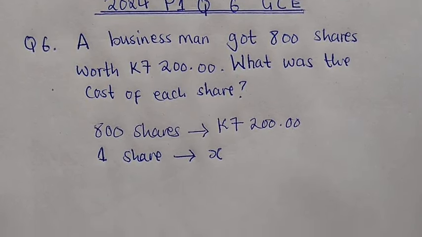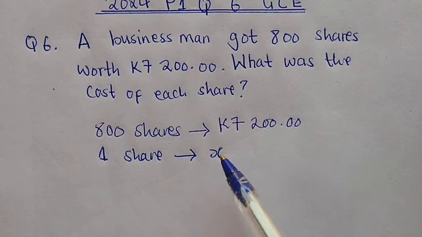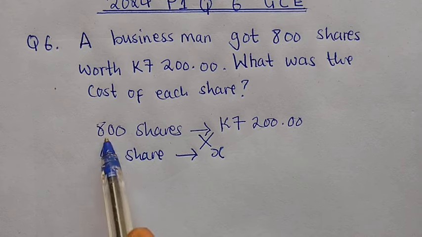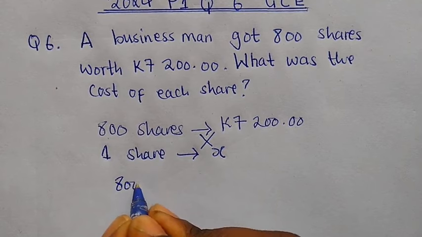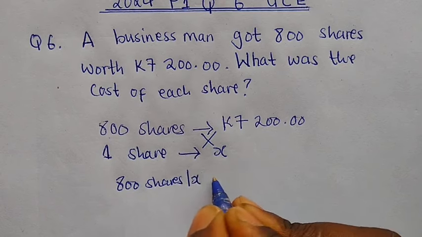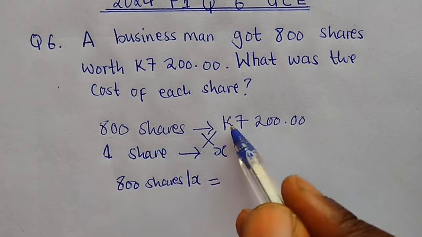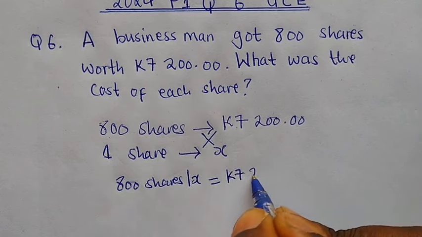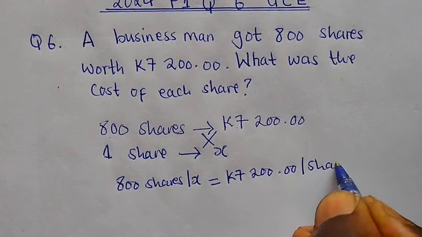So we need to find the value of X, which is representing the cost of one share. In order to do this, we are going to cross multiply. So I'll multiply 800 shares times X, of which we are going to get 800 shares times X, which will be equal to 1 share times 7,200 kwacha, we'll get 7,200 kwacha times share.